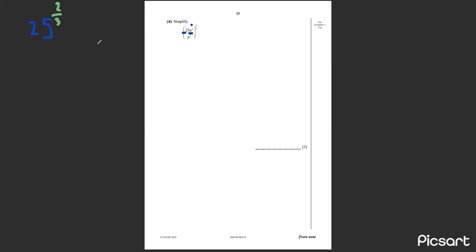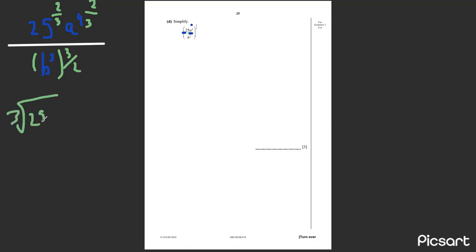Remember that a is all to the power 4, and you have to split it all to the power 2 out of 3, dividing by b cubed, which would be b cubed all to the power 3 out of 2. Now we split it, so that is a cubic root of 25 squared.